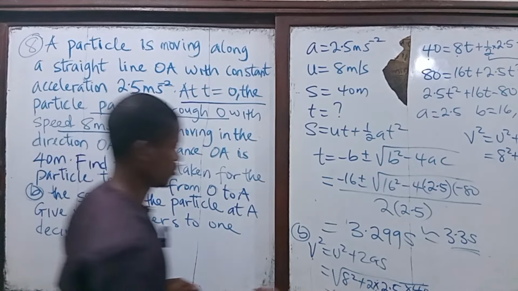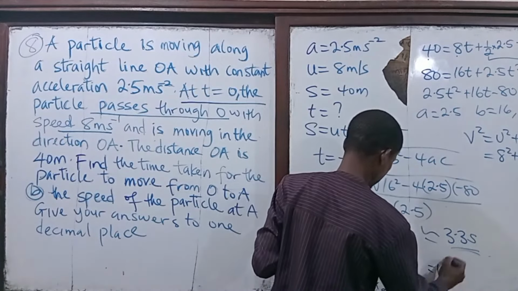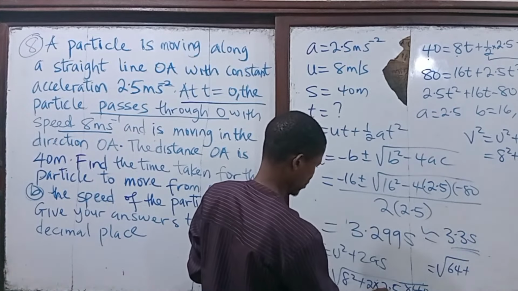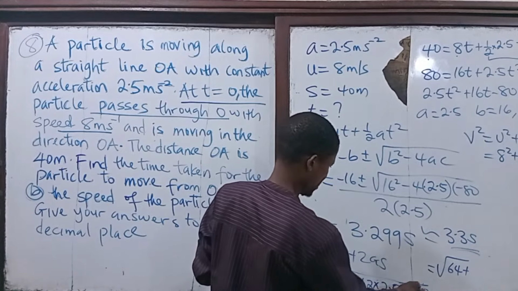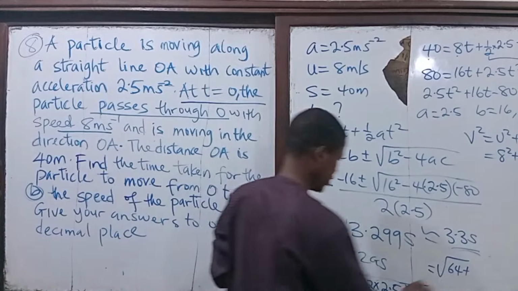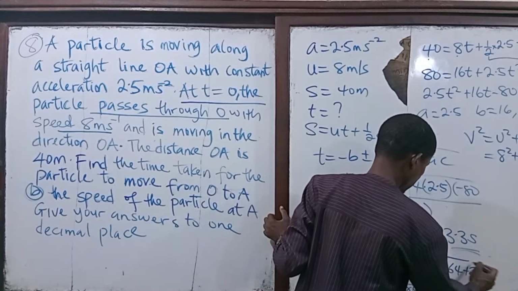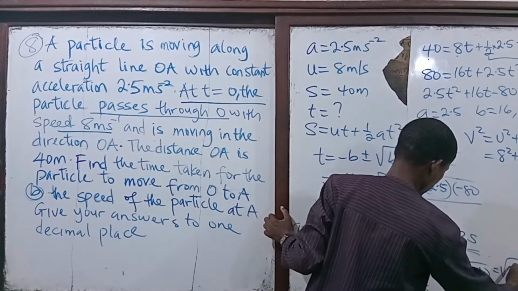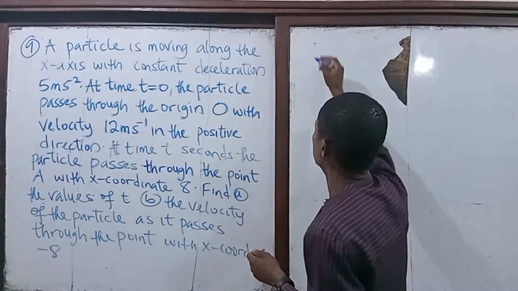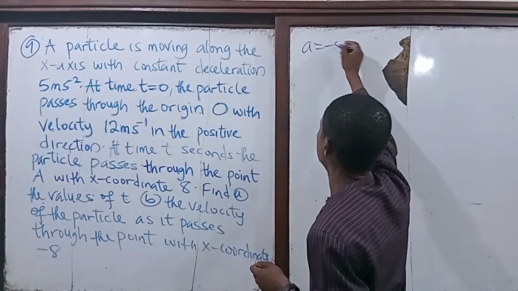So that will be equal to the square root of 64 plus 2 times 2.5, that's 5, times 40, that's 200. That's the square root of 264. Deceleration, that's a equal to minus 5.